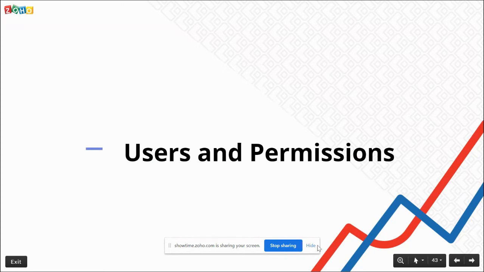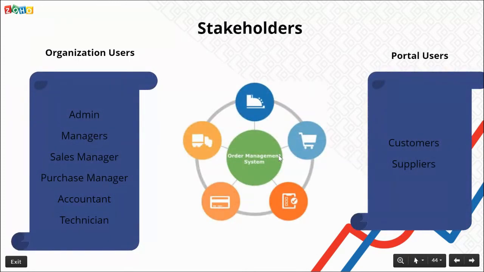Okay. Let's start with users and permissions. Surendra gave you a glimpse of the users. With respect to the stakeholders, when someone is purchasing the license of Zoho Creator, one would be the organization who is purchasing the license. Another would be the organization's vendor or customer, or any other third-party services.